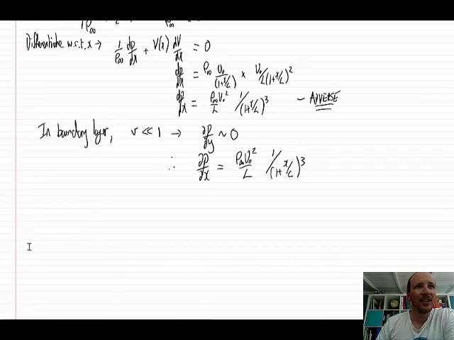So the next part of this question was to study now what's going on inside the boundary layer and see if we can find an expression for theta, the momentum thickness of the boundary layer.